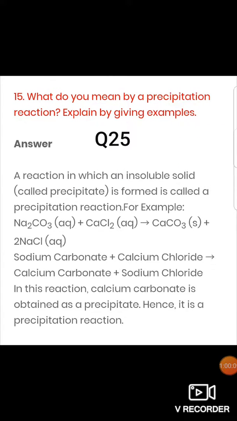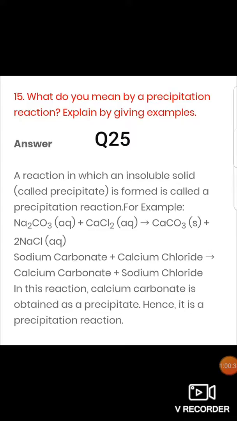What do you mean by a precipitation reaction? Explain by giving example. A reaction in which an insoluble solid called a precipitate is formed is called a precipitation reaction. For example, Na2CO3 plus CaCl2 gives CaCO3 solid plus NaCl aqueous.